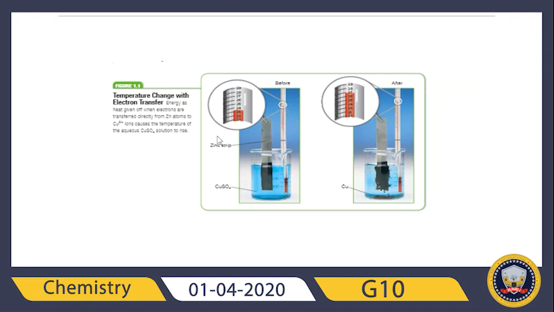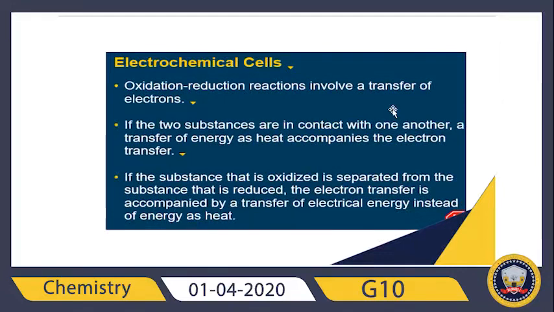So again guys, if the substance that is being reduced and the substance that is oxidized are in direct contact with one another, then the transfer of energy as heat accompanies the electron transfer.